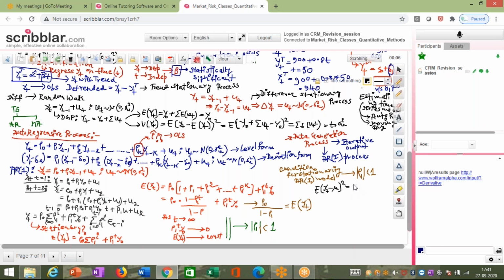So basically, if you look into this equation, the expectation of yt minus mu, where yt is rho 0 by 1 minus rho 1 plus the summation of rho 1 to the power i times e at t minus i, whole square.